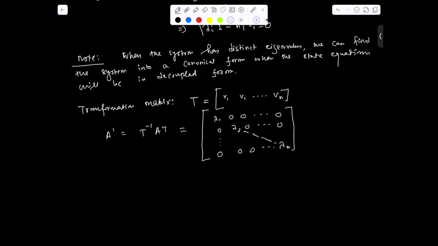If you notice, in the A dash matrix we have only the diagonal elements, which contain the eigenvalues of the system.